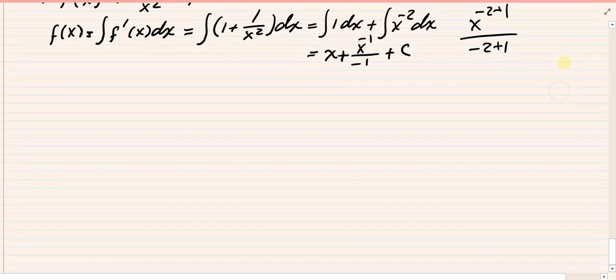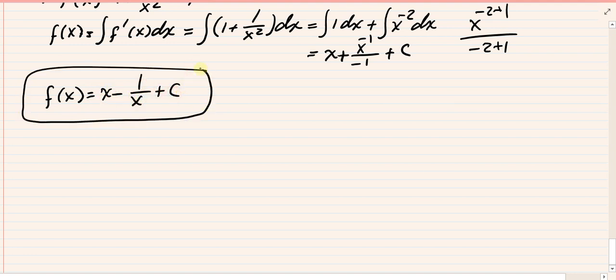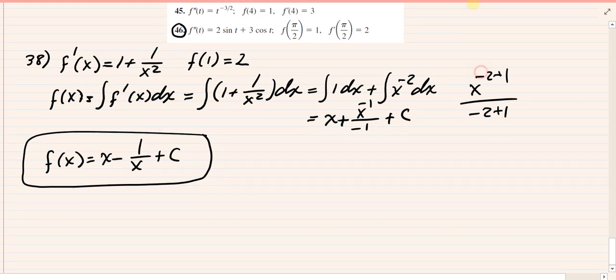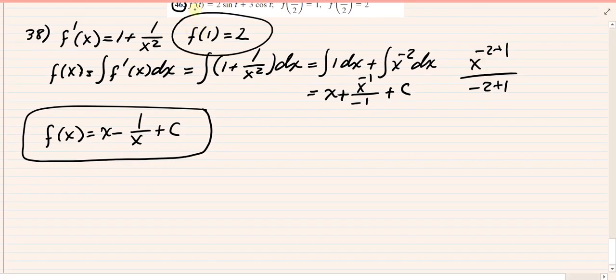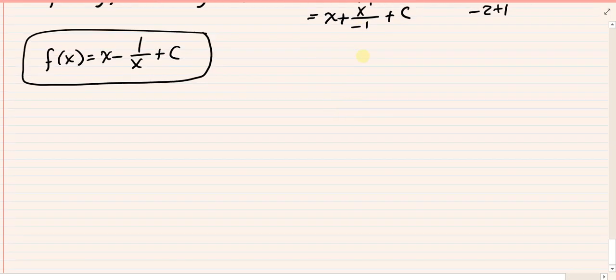So at this point, our f of x is going to be x minus 1 over x plus a constant. This is the general antiderivative at this point. Now, we have the initial value problem condition, that f at 1 has to be 2.